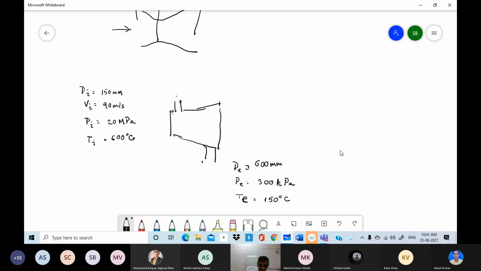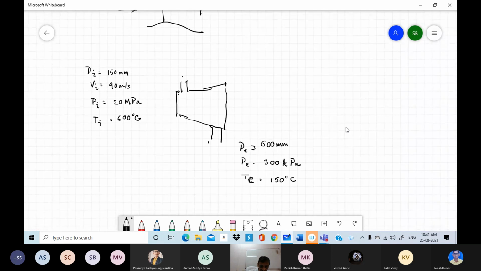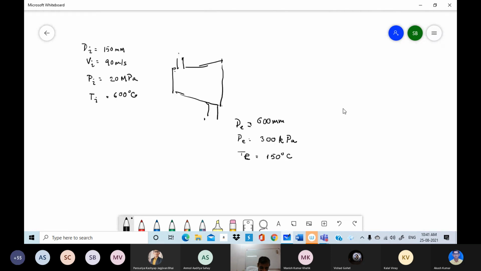The additional complication here is that steam can in principle condense. So how do we know whether condensation has occurred or not? What are the ranges of pressure and temperature over which the material remains as vapor?